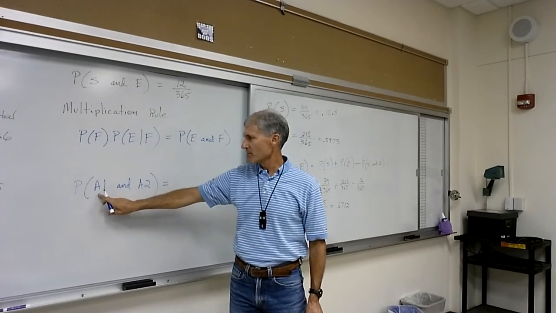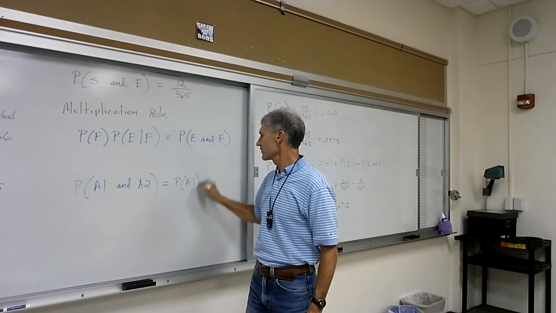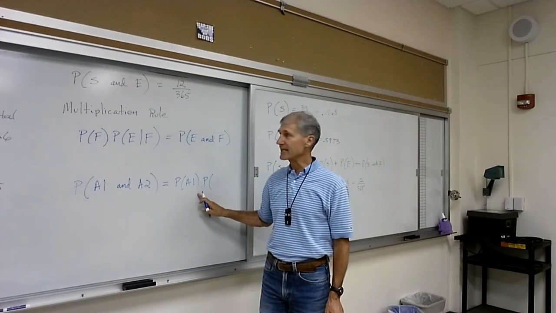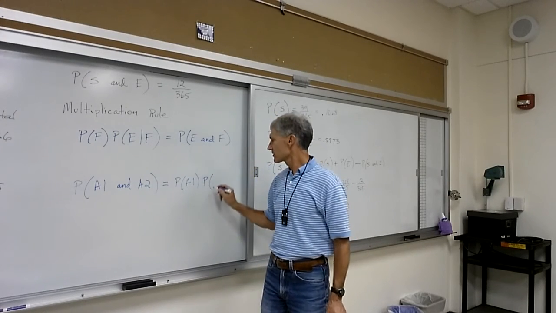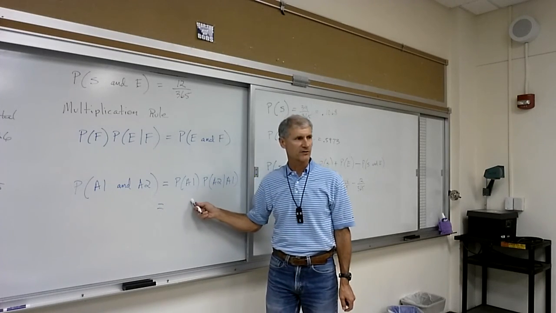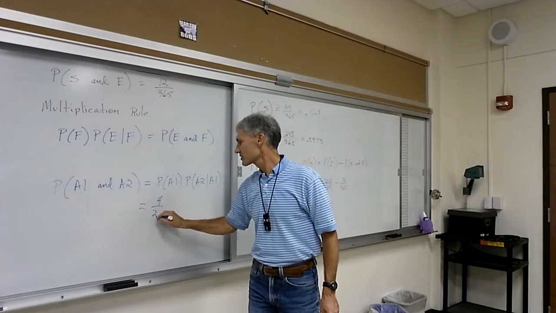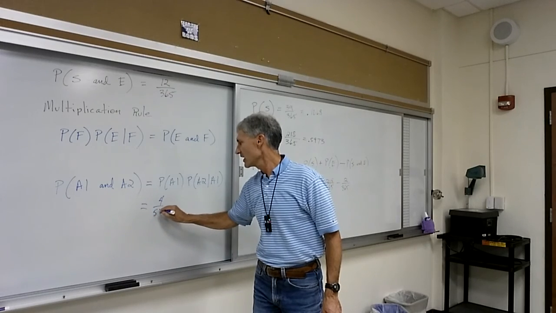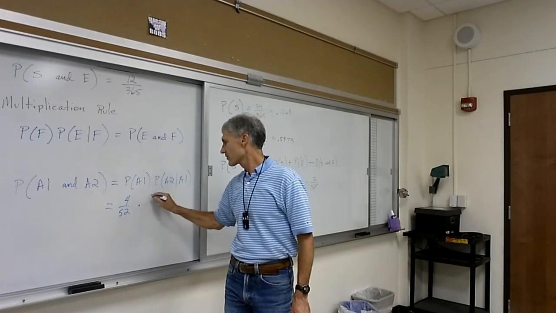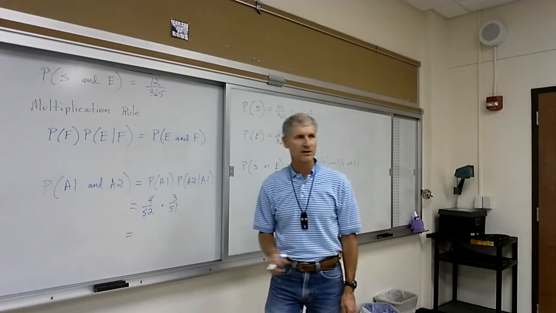Multiplication says that the probability of an AND is the probability of the first one, that's the probability of ace on the first draw, times the probability of ace on the second draw, given that the first one occurred. So that's ace on the second draw given ace on the first draw. Now you can fill in numbers. What's the probability of ace on the first draw? 4 out of 52. What's the probability of ace on the second draw if the first one was an ace? Given ace. 3 out of 51.